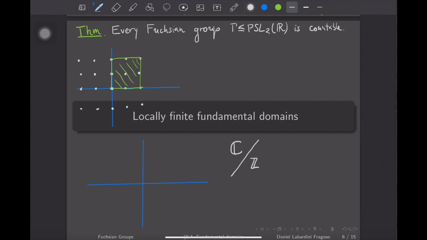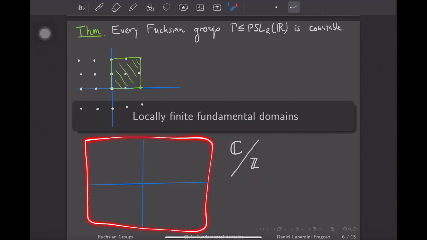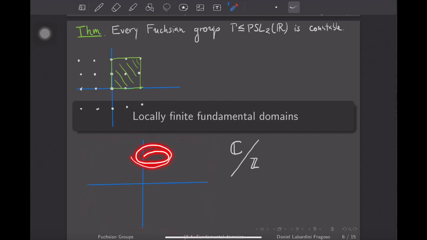Then to visualize this, a priori one has to take this and start to wrap around, right? To wrap around, and somehow the picture would look something like that, etc.